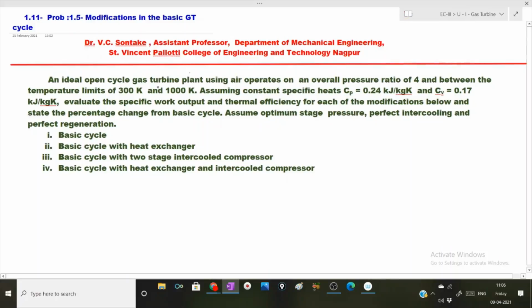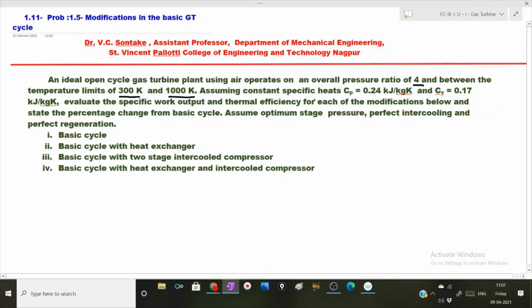So problem statement goes like this. An ideal open cycle gas turbine plant using air operates on an overall pressure ratio of 4 and between the temperature limits of 300 Kelvin and 1000 Kelvin.